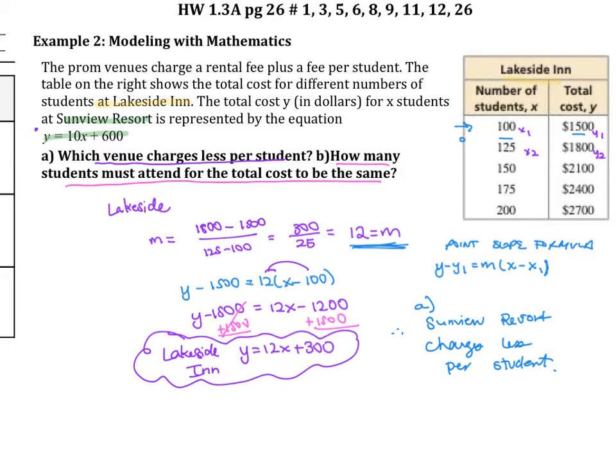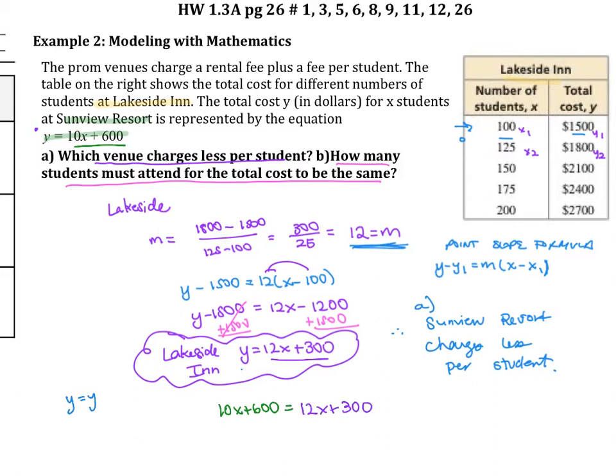Because this y equals this y, we can set the equations 10x plus 600 equal to 12x plus 300. That is when the cost will be the same. So I'm going to write that: 10x plus 600 equals 12x plus 300.